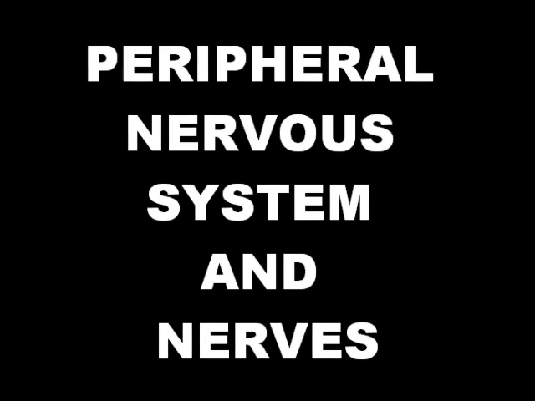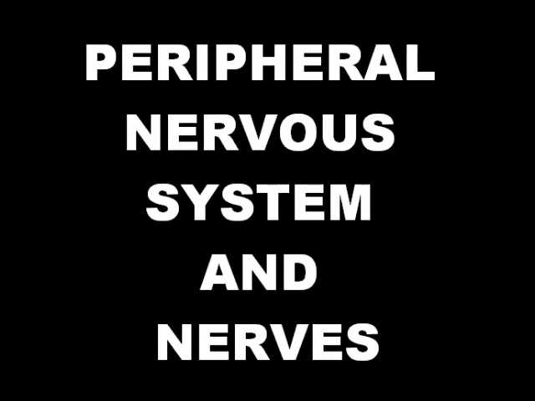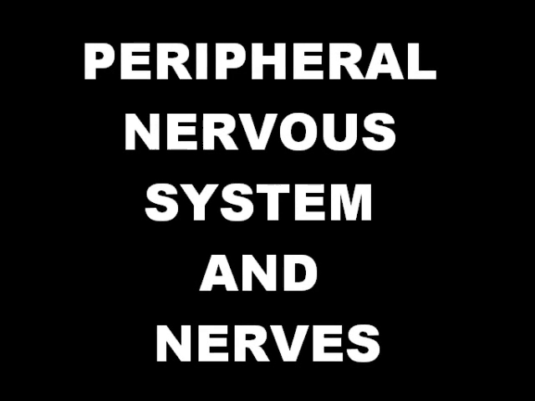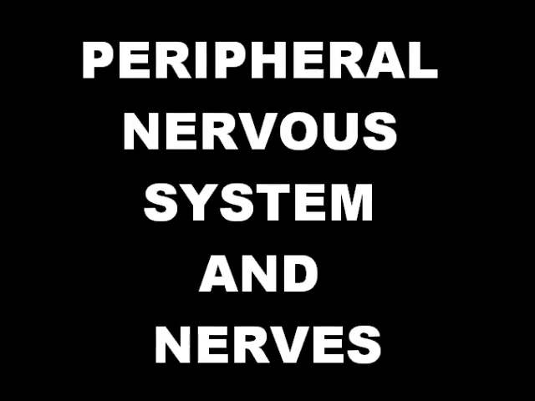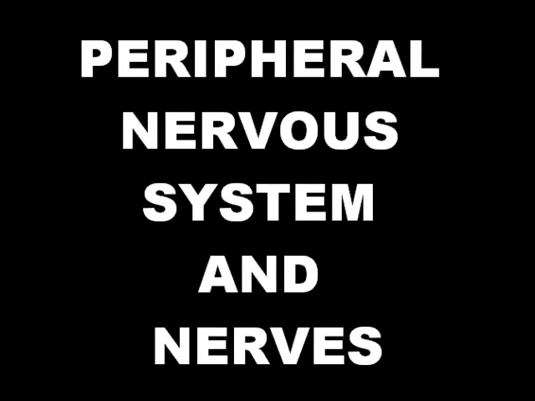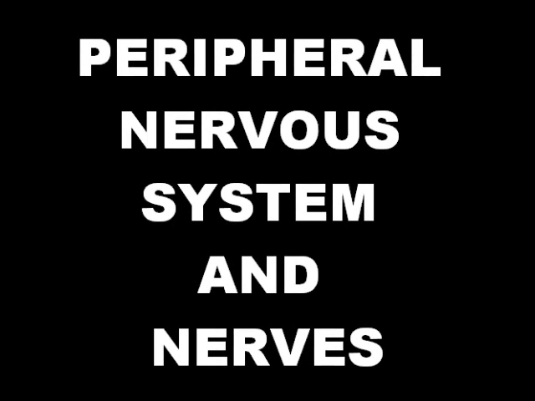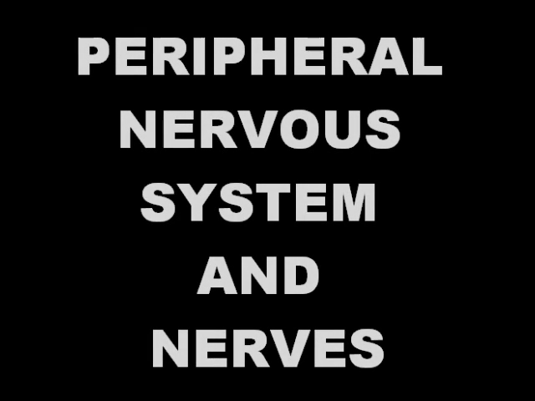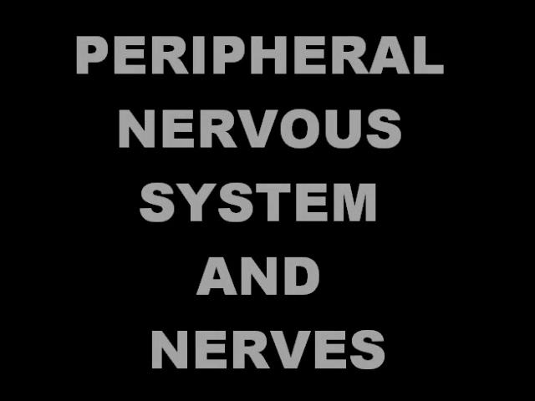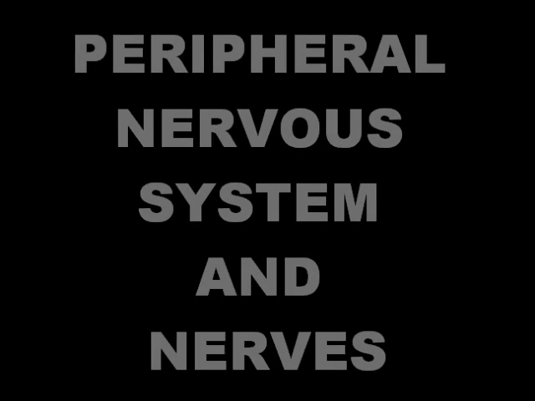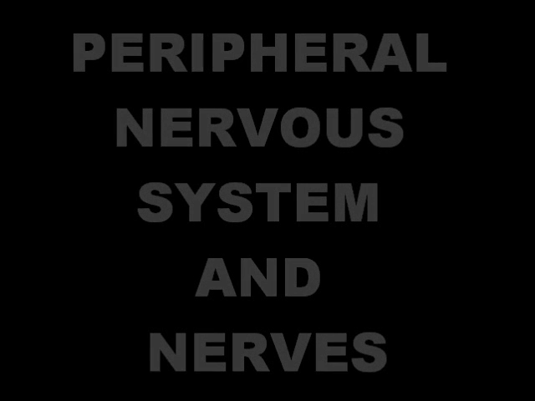The central nervous system is your brain and your spinal cord, and the peripheral nervous system is the nerves that go from the spinal cord to the parts of your body. So we're going to talk about that and all the different nerves in the pelvis.